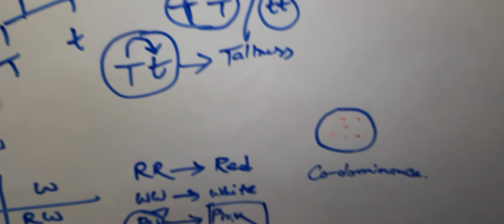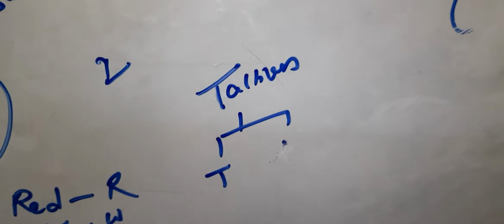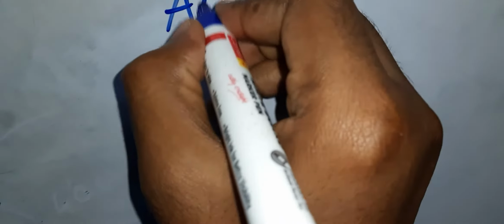Another example of codominance can be seen in case of human ABO blood group system.